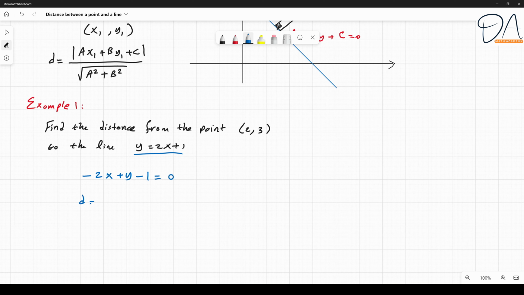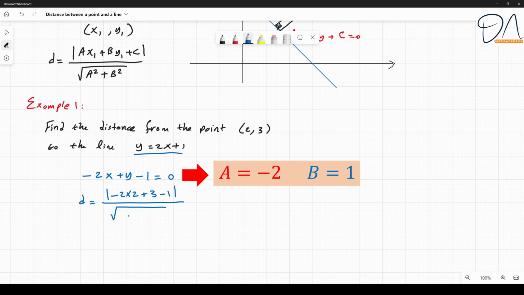So d is equal to, we take the absolute value of, we substitute the value of the point in the equation here. So we have minus 2 times 2 plus, for y we substitute 3, minus 1. And then here we have the square root of a squared, in this case it is minus 2 squared, and b squared, this is the coefficient of y, which is 1.